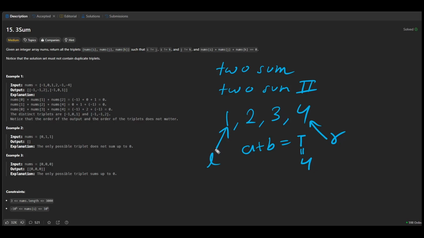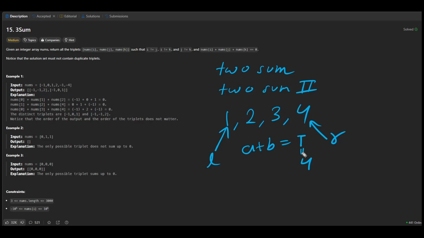If I move the left pointer to the right side, the sum of the values at left and right would increase because we are going to higher and higher values. If we move right to the left side, the sum would decrease because we are going to smaller and smaller values.